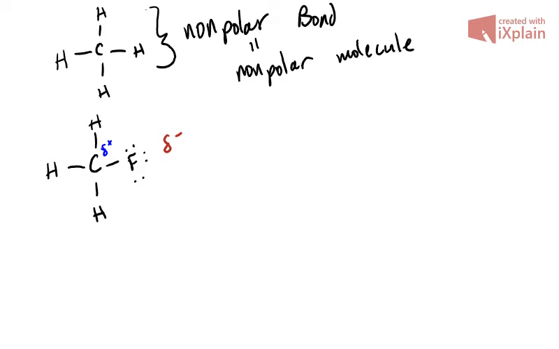Can you explain again why carbon has the positive one and fluorine? Yes. Fluorine, when compared to carbon, has the higher electronegativity. It has the higher want for electrons. So the electrons in the bond are going to spend the majority of their time around the fluorine and some of the time around the carbon.